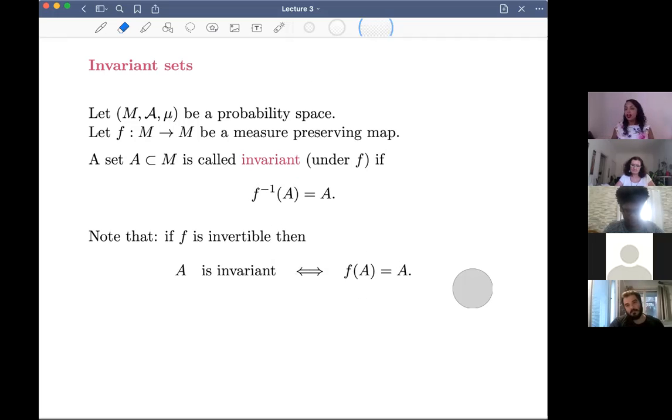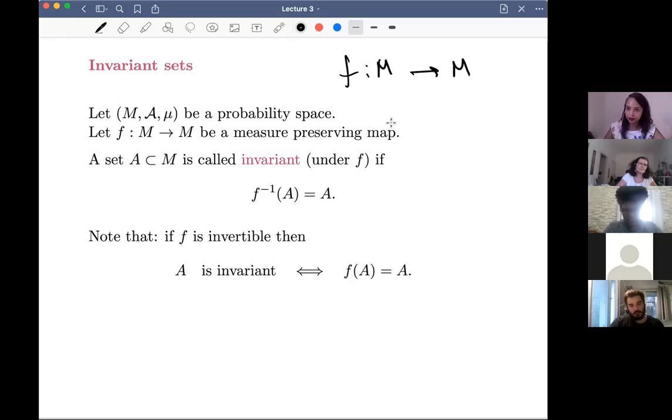So why are we looking for invariant sets? Invariant sets are nice because, I guess in my first lecture, I told you a dynamical system has to be defined from one space to itself because you want to iterate. That's what you do all the time. You take a point and you apply the map many times, F^n of x.